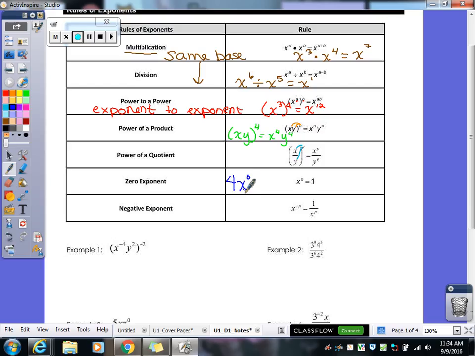So for this one, the 4 would stay as a 4, and only the x turns into a 1. Then 4 times 1 gives us a 4. If there were parentheses around it, that's when the whole thing equals 1. So that's the tricky part you have to pay attention to. Parentheses really do change the whole problem.